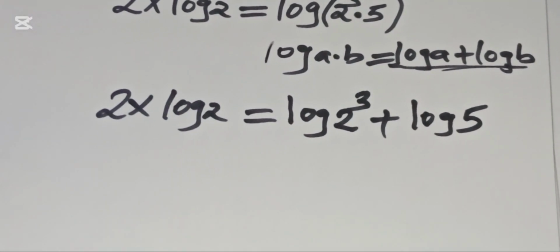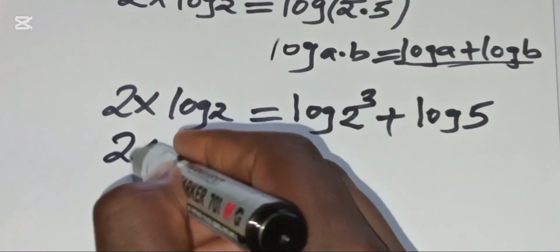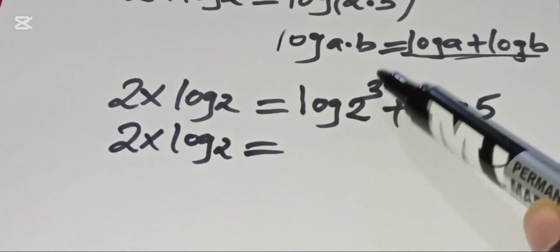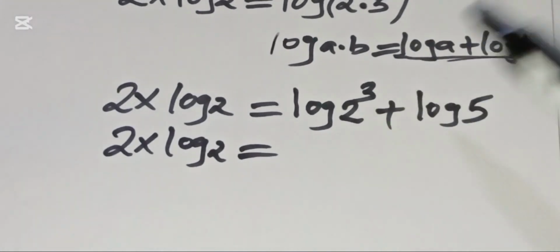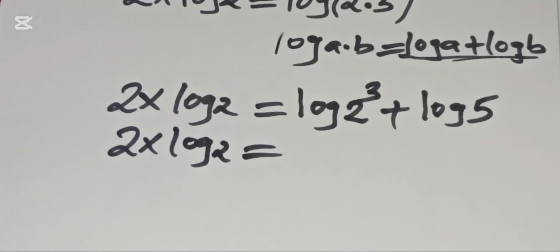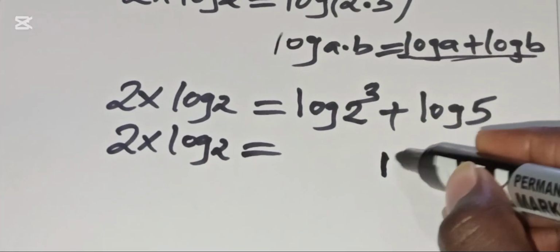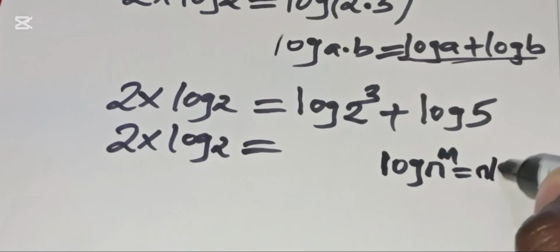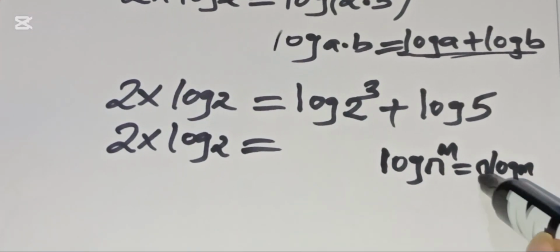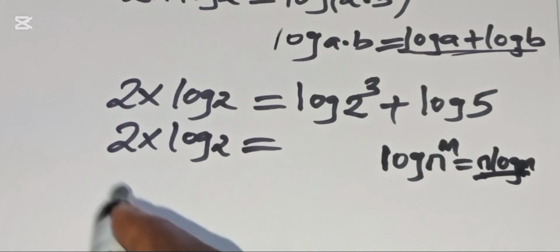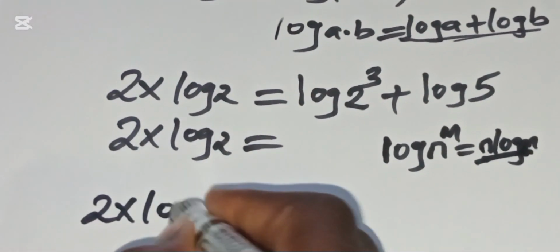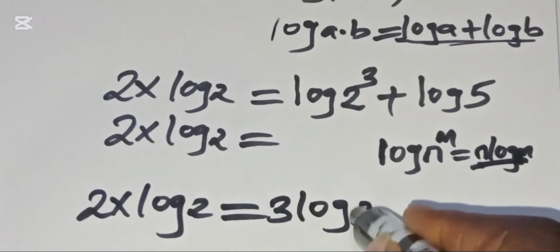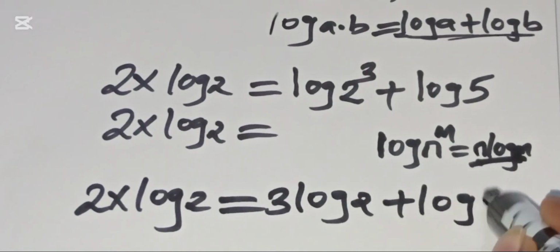Now log 2 raised to power 3, applying the logarithm power rule that states that if you have log n raised to power m, this can be expressed as m log n. So we're going to have 2x log 2 equal to 3 log 2 plus log 5.